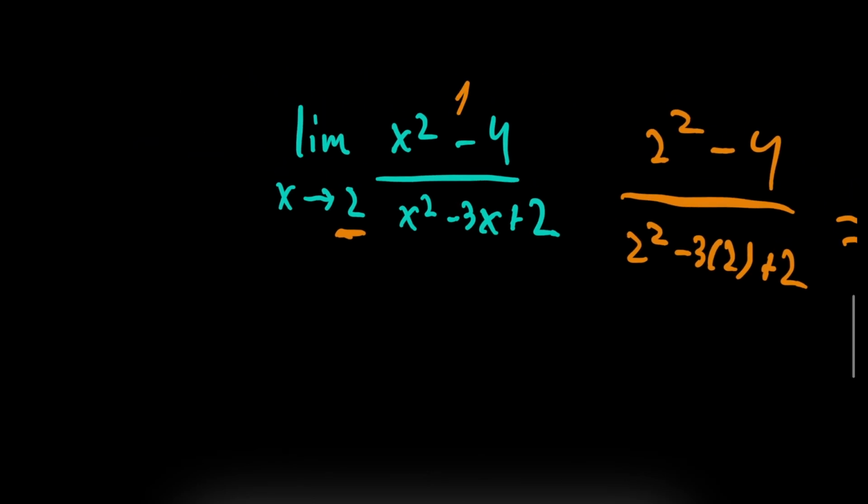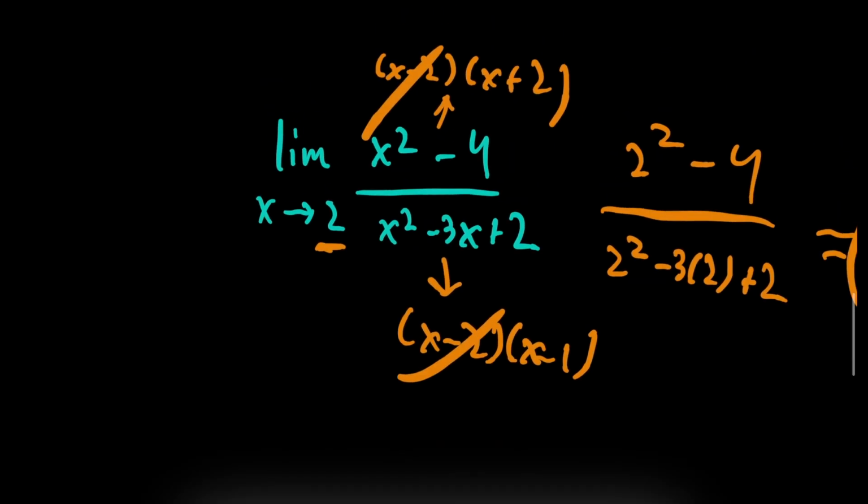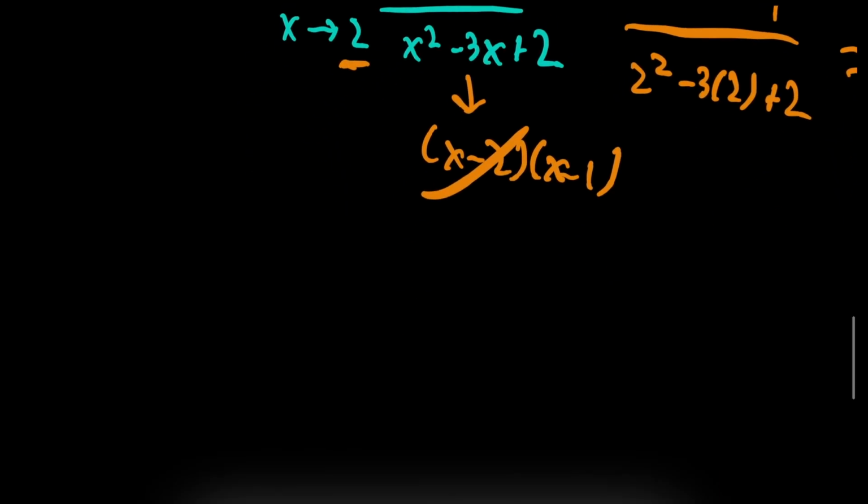Of course, you could probably factor this into x minus 2, x plus 2, and factor this into x minus 2, x minus 1, and then cancel out the extra factor. But we are not going to do that because this is a video demonstrating L'Hopital's rule.